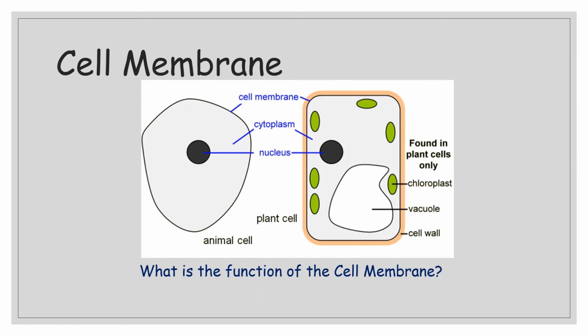So if you think back to your notes, think back to the previous video, what is the function of that cell membrane? And like we said in the first video, the cell membrane's job is to control what enters and leaves the cell. So today we're going to look at how that structure and how it's made up does that job.